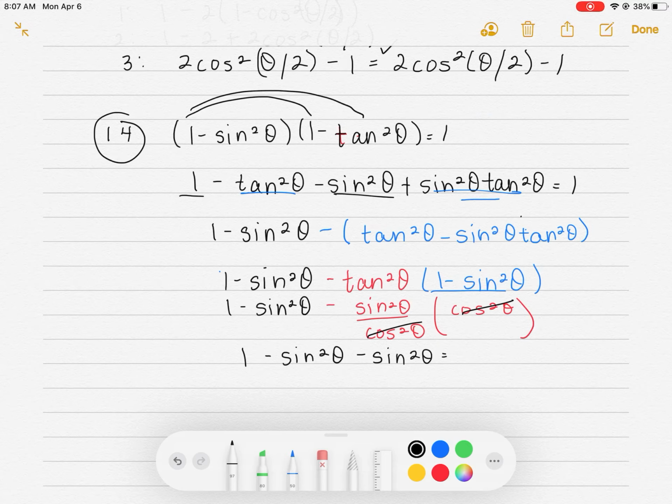Oop. So 1 times 1 is positive 1, so that's good. 1 times negative tangent is negative tangent, that's good. Negative sine times 1 is negative sine. Negative sine times negative tangent is positive sine negative tangent. And that would be a plus here. And then if I factor it out, I would still factor out a negative, so that's right.